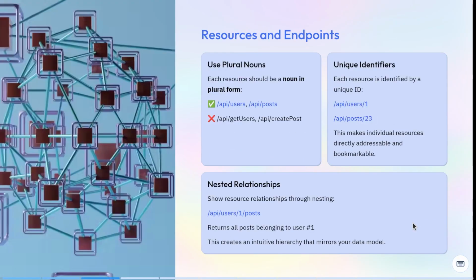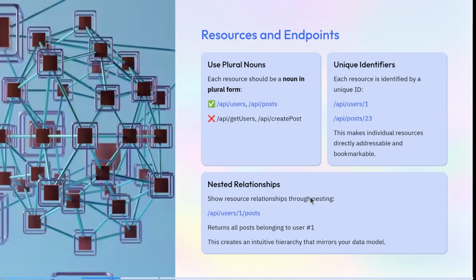Let's see an example. Resources and endpoints. So, correct API endpoints will be /api/users, /api/posts, not /api/get-users or /api/create-post. If we want to get a specific resource, we still use plural form: /api/users/1, /api/posts/22.